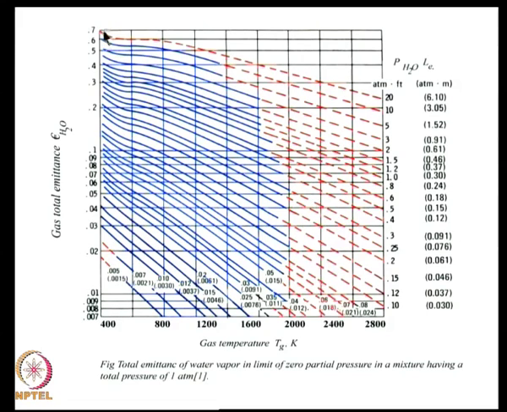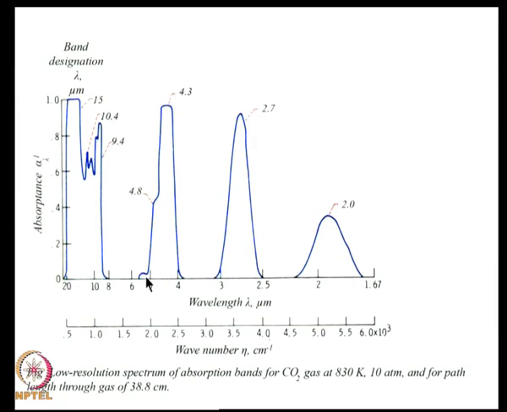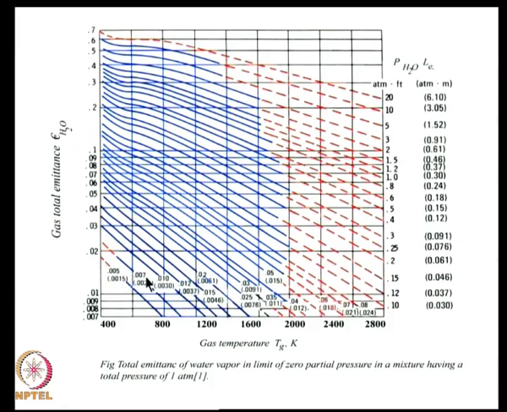The y axis gives you the emissivity going all the way from 0.007 to 0.7, a factor of 100 increase here, and it is shown for various amounts of water vapor available, that is, water vapor partial pressure times the length scale.